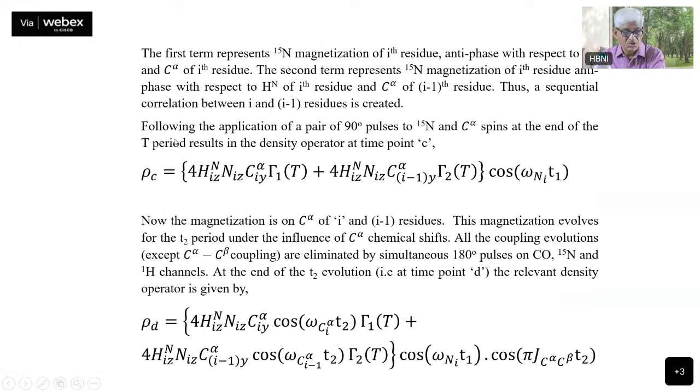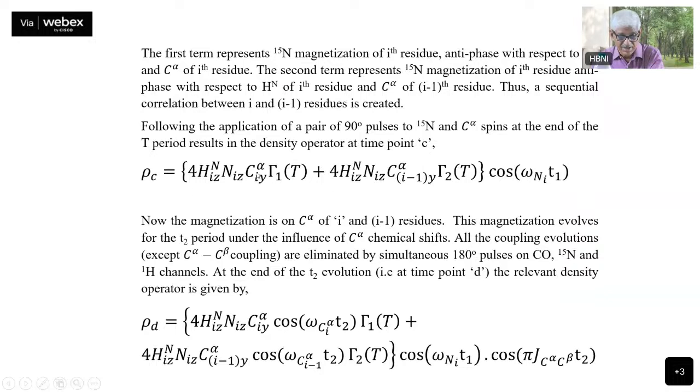Okay, so following the application of a pair of 90-degree pulses to nitrogen-15 and C alpha spins at the end of the T period results in the density operator at time point C, which is like this. Now you see here the first term gives rise to this one, the second term gives rise to this. What are these? These both represent C alpha magnetization because there is a transfer here. C alpha Y here and C alpha Y there.